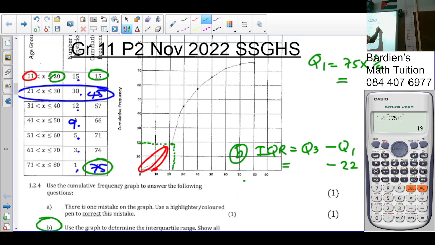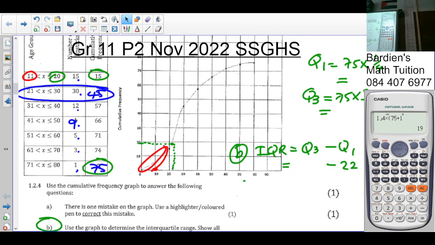Then for quartile 3, it's going to be 75 times 3 over 4. Remember, quartiles divide the data into quarters, so the third quartile is the start of the fourth quarter. So it's 3 over 4 times 75, which gives you 56,25. If you go with the other formula, it's going to give you around 56,5.